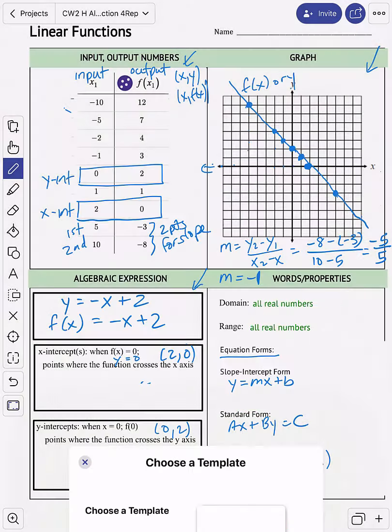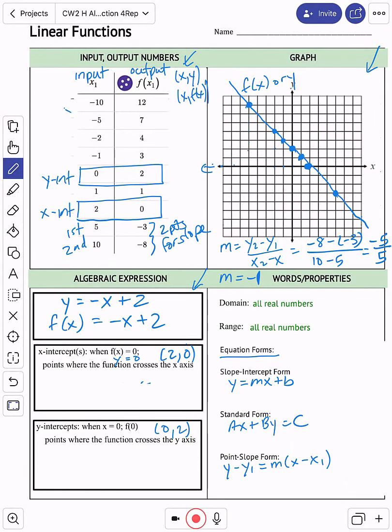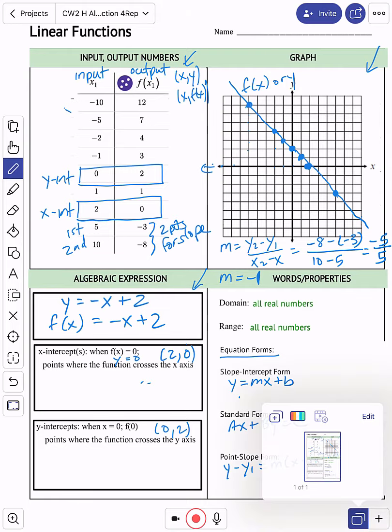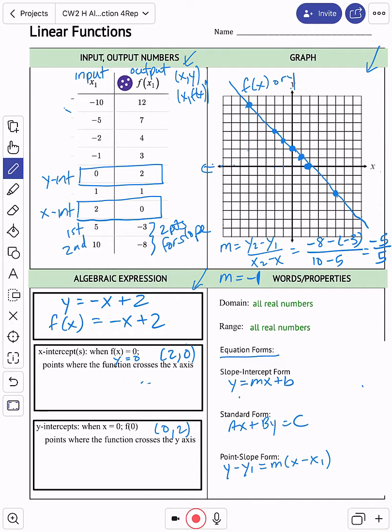And we've actually done just about everything now. Let's algebraically do the other slope-intercept forms. So this one we know is y is equal to minus x plus 2. All right, well, to get it in standard form, I just need to move the minus x, add x to both sides.